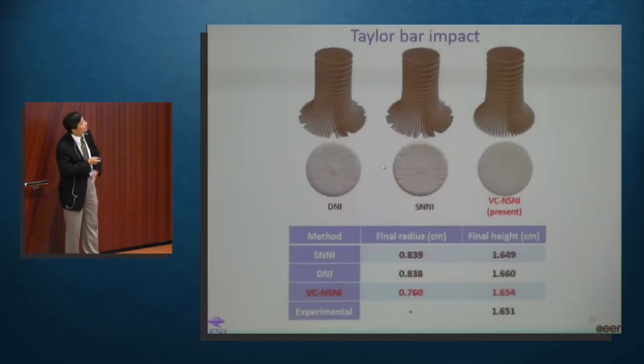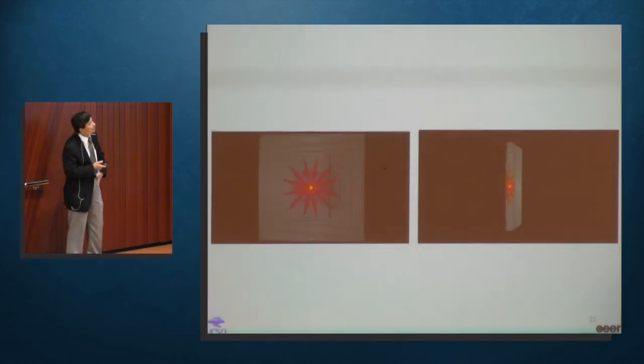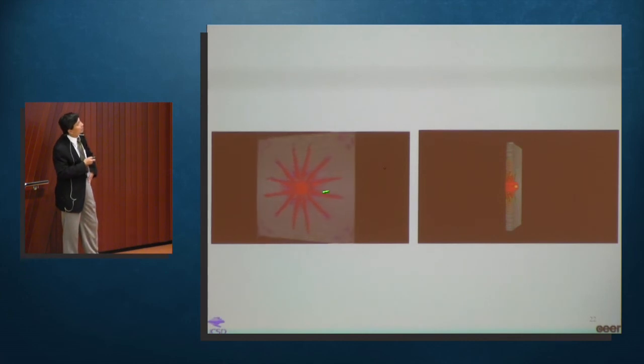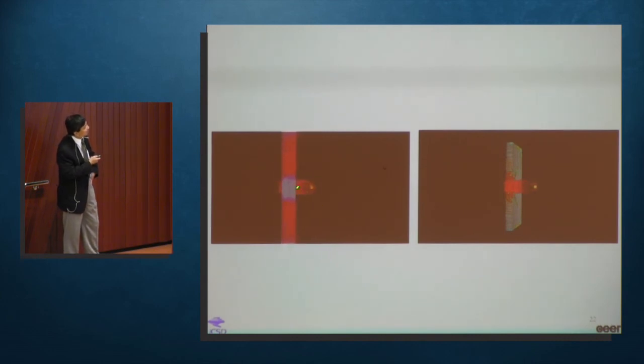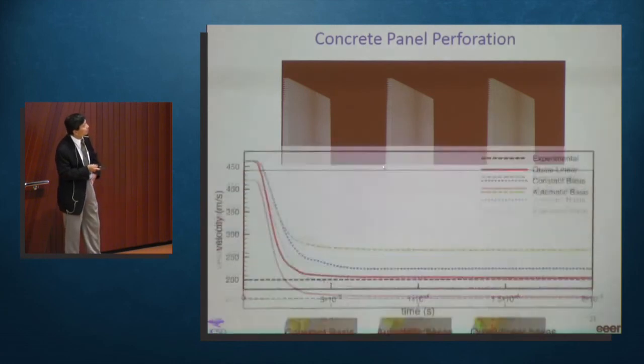And again, the Taylor impact problem: unstable solution, and again, a very stable solution that compares very well with the experimental data. So now I'm modeling a penetration problem. This causes branches of cracks, and you can see the solution is very stable. There are no unstable modes, and it forms a nice cloud and compares quite well with the experimental data I'll show you here.